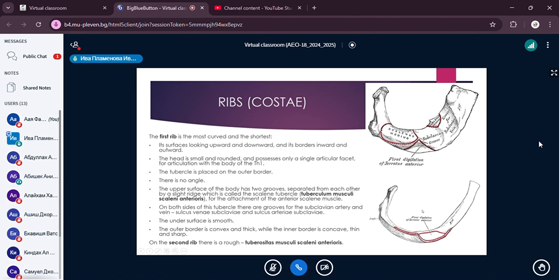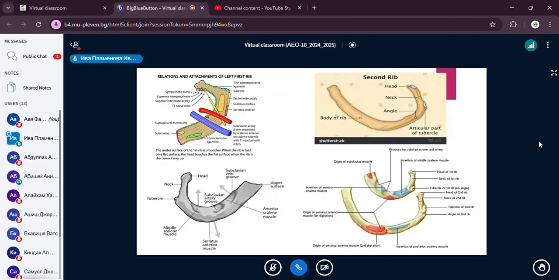On the second rib, we have only one rough area, which is called tuberositas musculi scaleni anterioris, the same muscle, musculus scalenus anterior. Now, you can see this is the second rib, so this is the first. Here you can see the head.